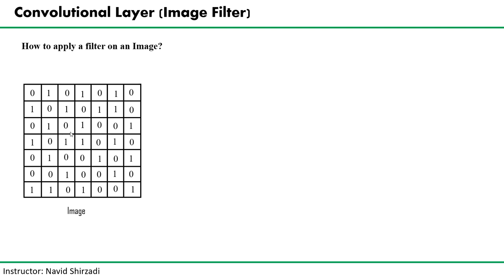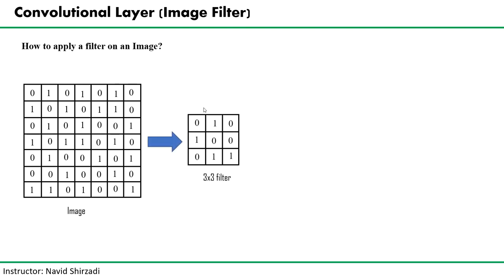Let's imagine that we have, for example, a black and white image, and all the numbers are 0 or 1, something like this. This is just a hypothetical thing that we want to consider. So this is our image with these values, and this is our filter that we want to apply on this image, right?